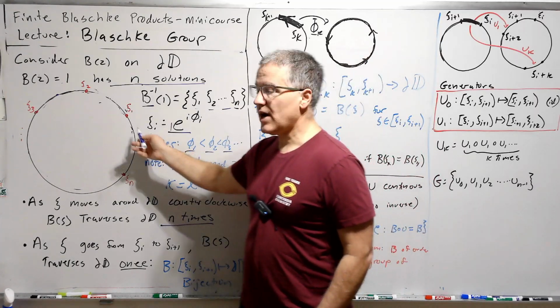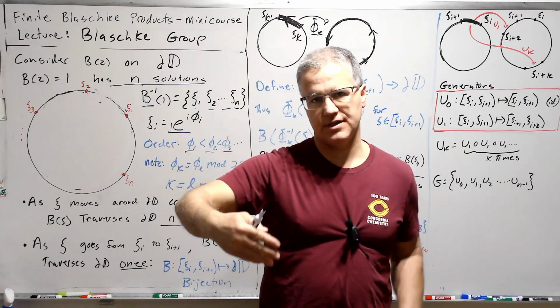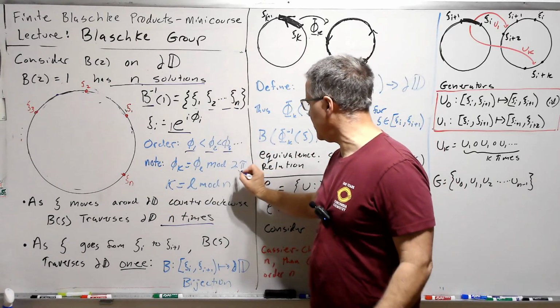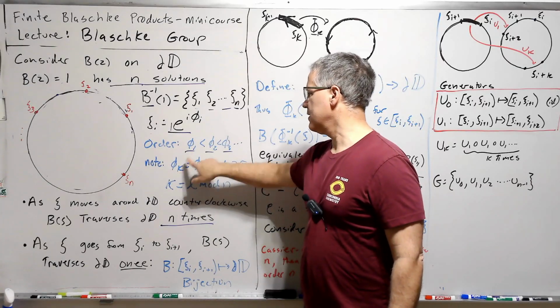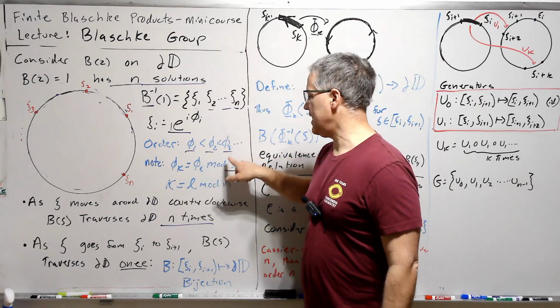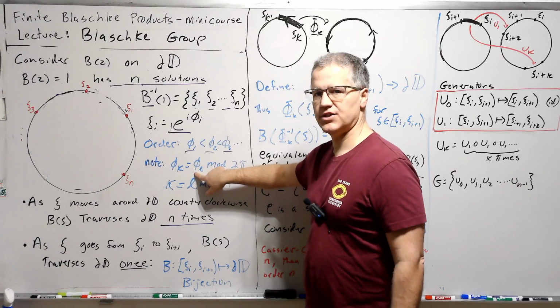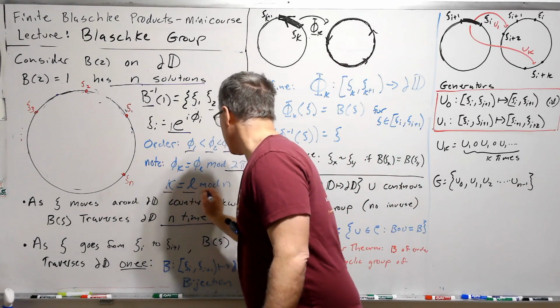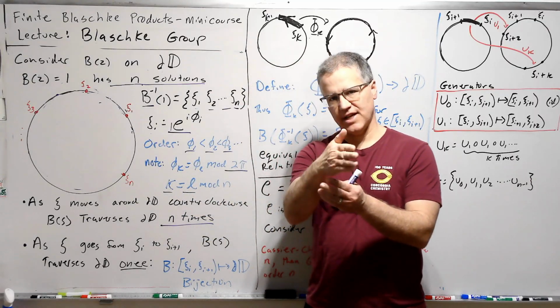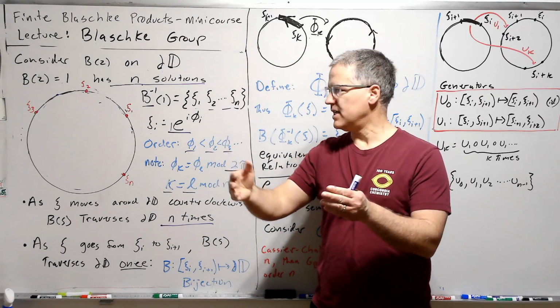Notice when we get all the way around, we just repeat. So we're going to be mod 2 pi. So the kth one of these, if we go above n, will be just this mod 2 pi. And so what that means is that k equals L mod n. So we just have n of these, and then they repeat these little segments.